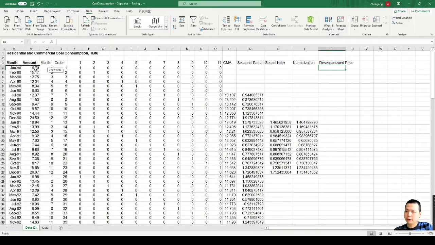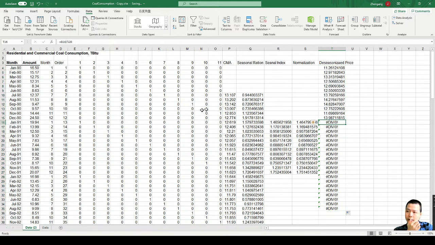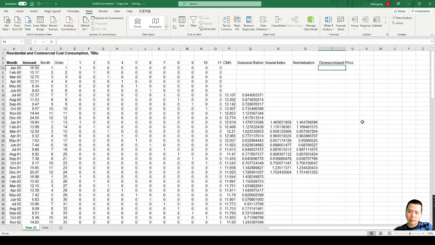For January, for example, the price is 16.5, but on average it is 46% higher than the regular price, so we divide it by 1.46. But if you do it this way and drag it down, it becomes a problem, because the later rows won't have a denominator.